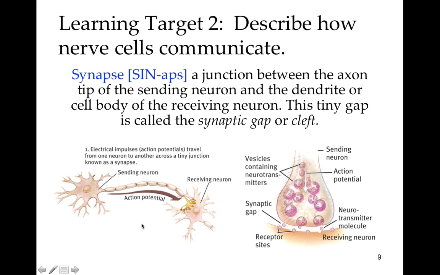So you can see action potential. Here's the terminal buds of the axon, and this is the receiving neuron. You can see that across the synaptic gap, this is where the neurotransmitter is secreted, and it binds to the receiving cell body of another neuron.